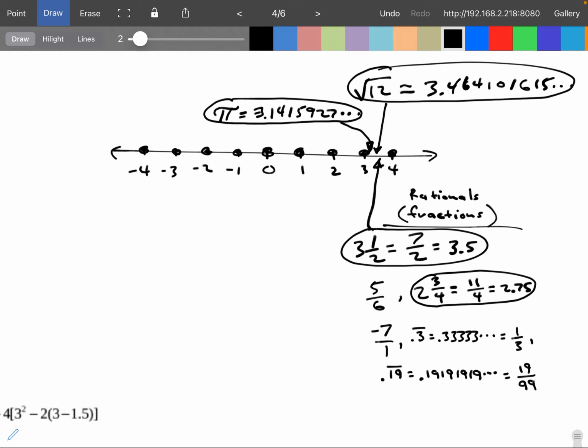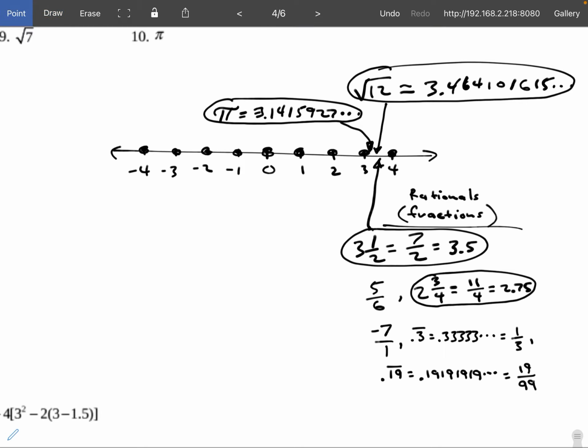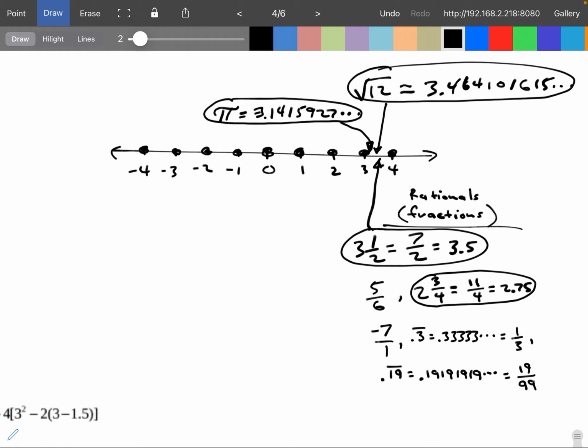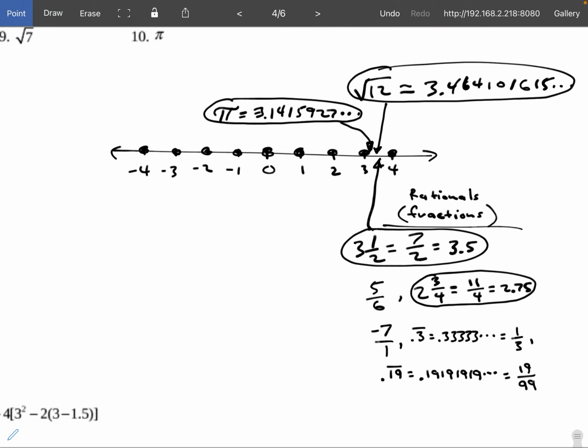So now if you fill in all the fractions between 3 and 4, and you fill in all the irrational numbers between 3 and 4, that'll fill the whole number line in, okay? So if you take those numbers that I have the points on here, the dots, if you take all the irrational numbers and all the fractions and put them in there, that'll fill in the whole number line then.